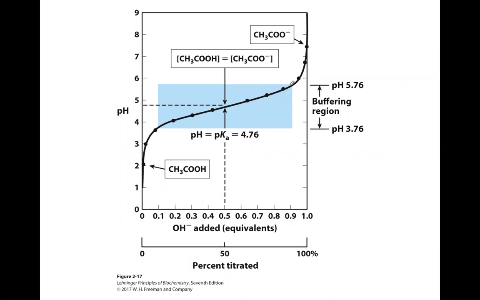And so this is what's known as a buffering region. So the solution of acetic acid in water is a great buffer, and you can see why that is. It can hide the effect of the base so well. There's so much base you have added, but the pH has changed so little.